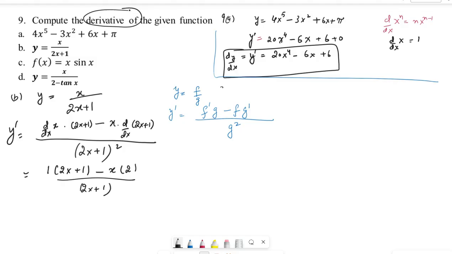So 2x plus 1 minus 2x divided by 2x plus 1 whole square. If you notice, this 2x cancels. We have 1 by 2x plus 1 whole square.